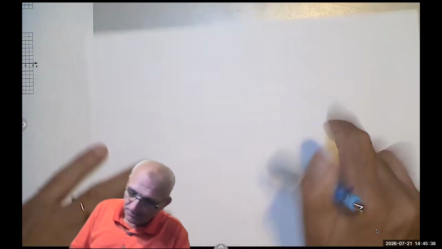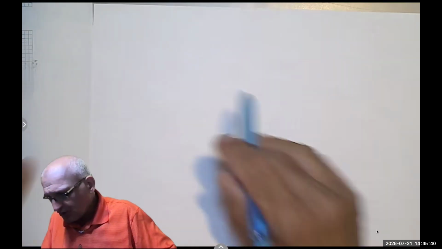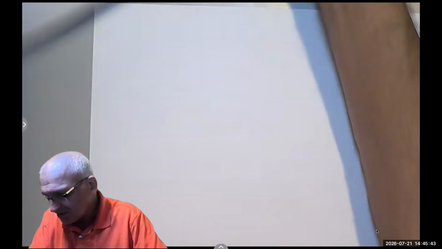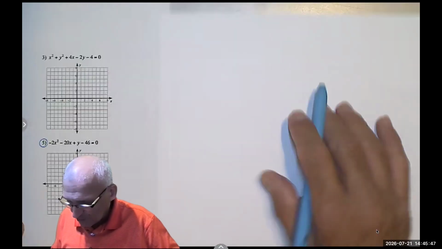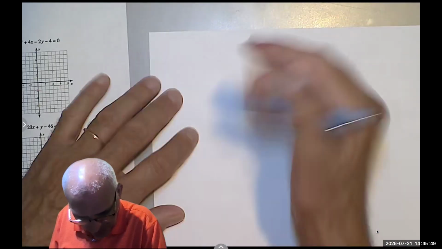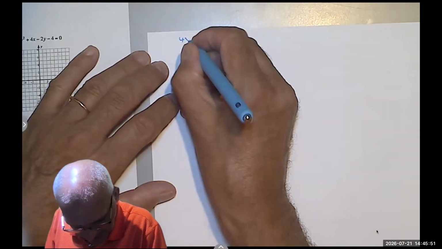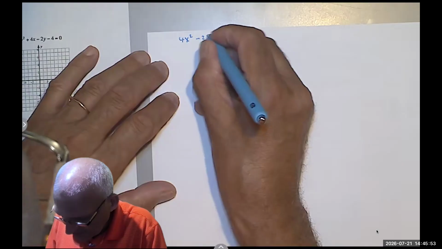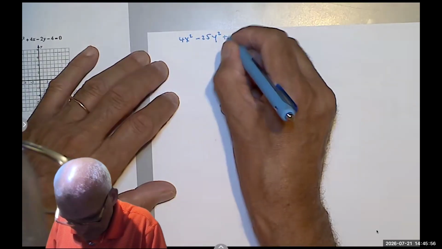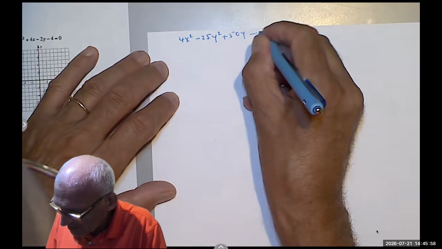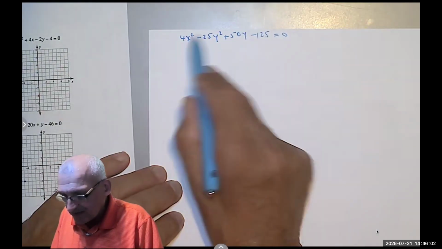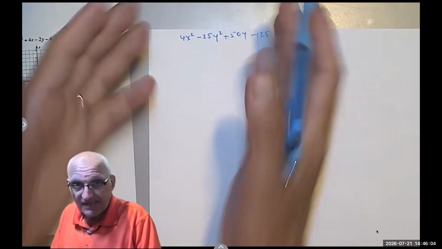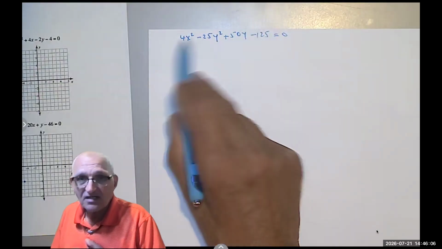Next we are going to do the hyperbola. The hyperbola, as I said, I will explain through an example right away. I'm not going to waste your time, but I'm going to explain on problem 4. Problem 4 says 4x squared minus 25y squared plus 50y minus 125 equals 0. I see that the x squared and the y squared are there, but their coefficients are opposite.